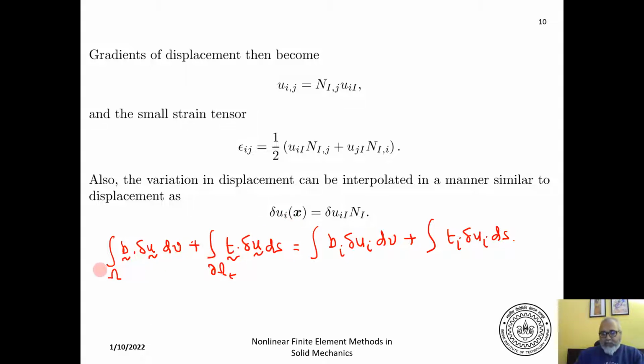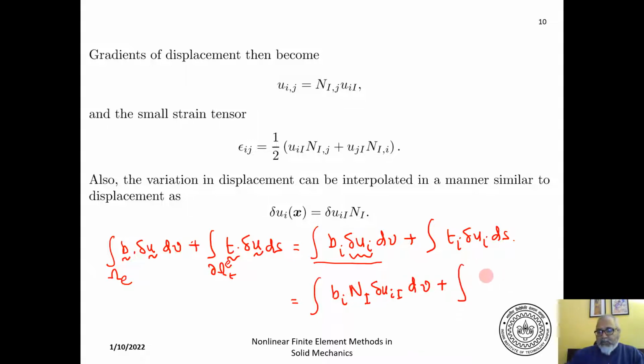So obviously, if your element does not share a boundary with the del omega t of the body, then this term will not appear. But let us do it in the general case. So ui can be replaced by N capital I delta u I times bi dv.